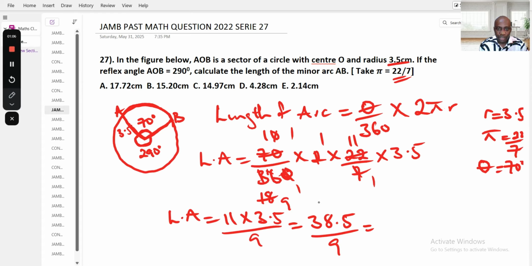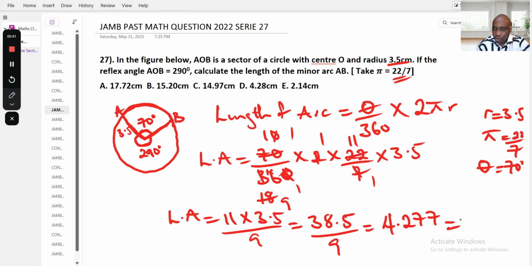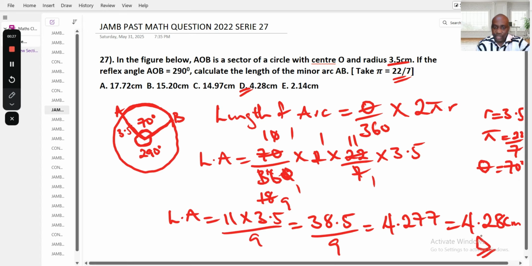It's going to give us 4.277. Let's approximate this to 2 decimal places, 4.28. That's our final answer, the length of arc. Do we have 4.28? Yes, D. Our final answer is D. Let's move to the next question.